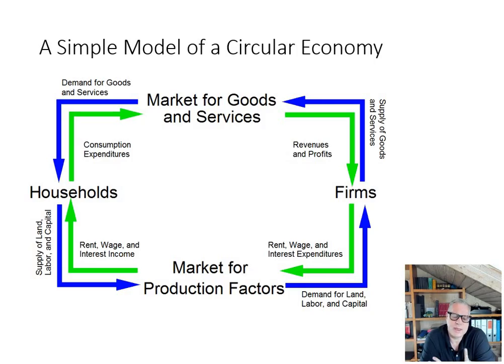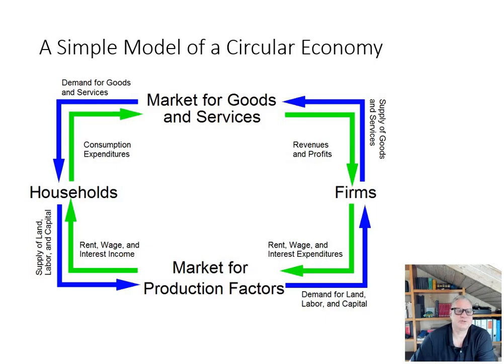So whenever they supply land, labor, and capital, they receive income. And that income is rent, wage, and interest. So you probably can already tell that economists, they use the term rent for the income that somebody receives when someone offers land.